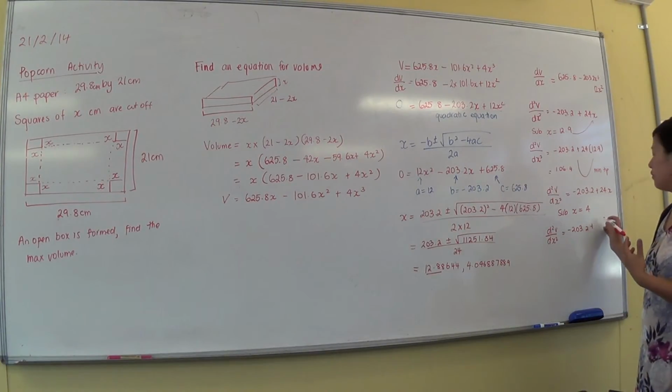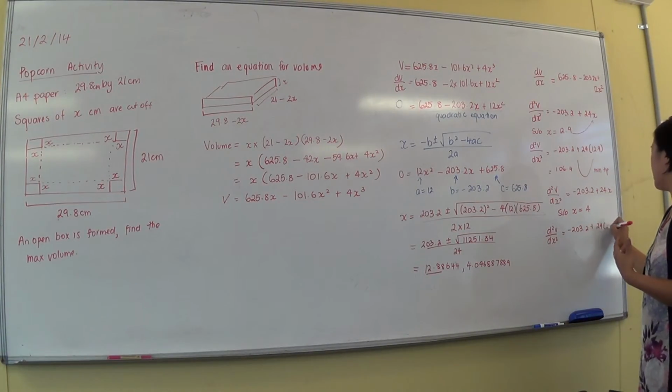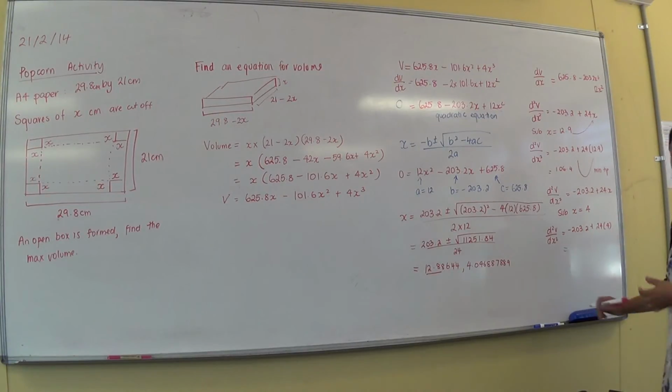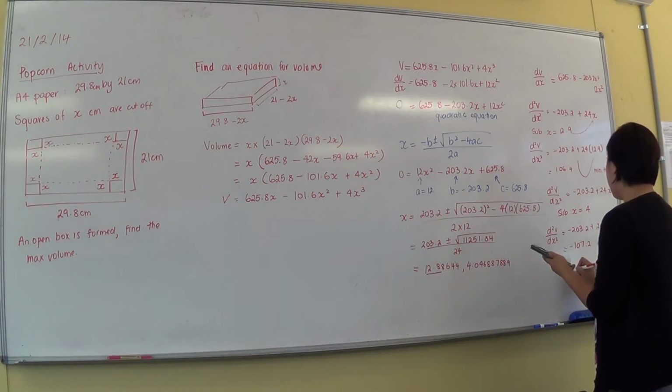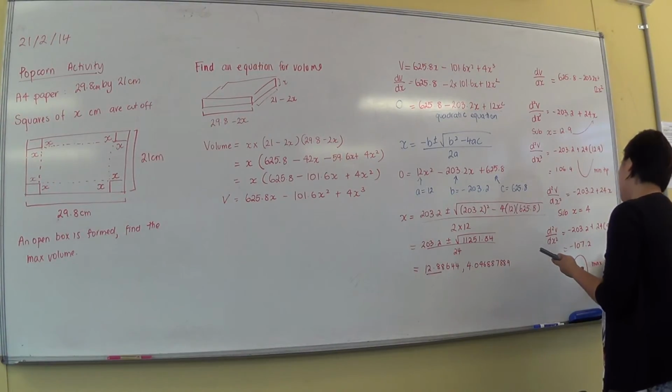Negative. So we get a negative 107.2. Negative is concave down, which gives you a maximum turning point.